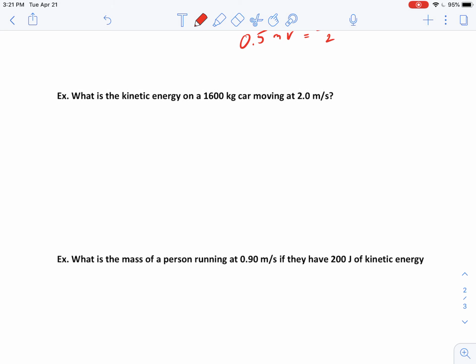What is the kinetic energy? So we want to find EK on a 1600 kilogram car. So our mass is 1600 kilograms, moving at 2 meters per second.